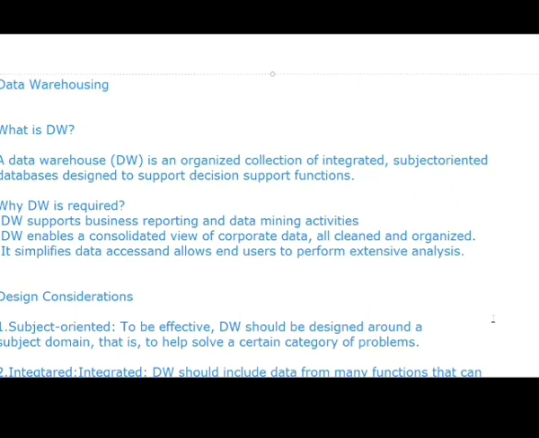The third characteristic or design consideration is that a data warehouse must be time variant, or it should have time series data.